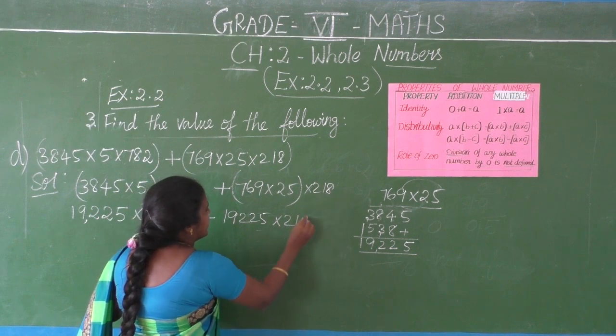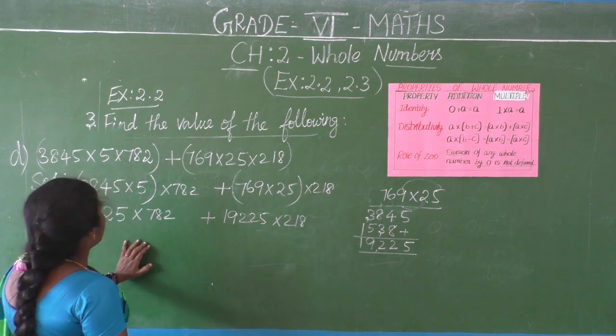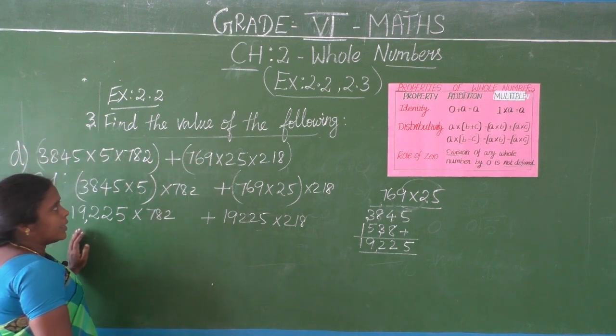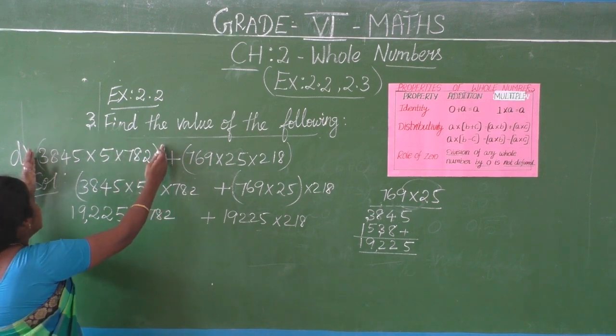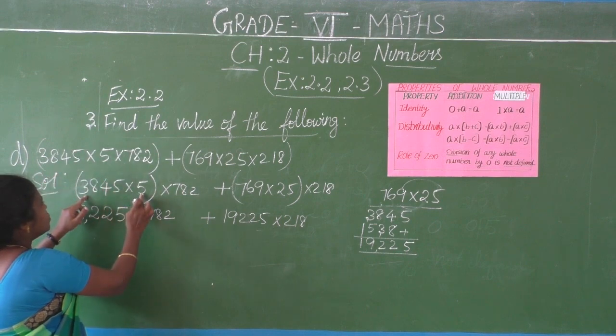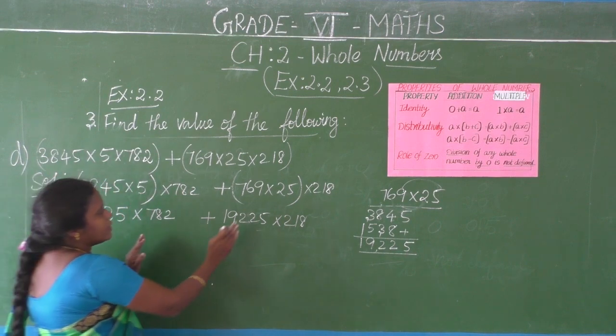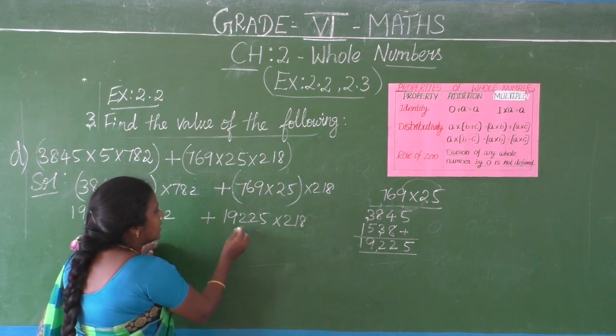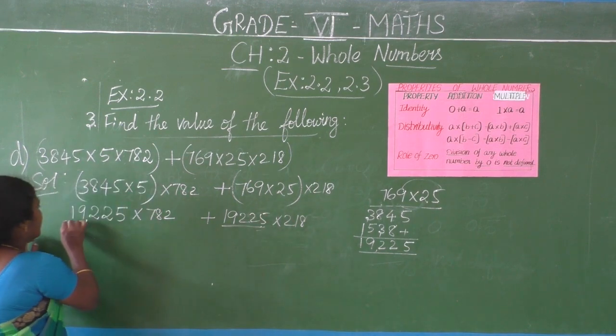into 218. See children, what I did here: when the 2 sets of multiplication are given in the question, I have multiplied the first 2 numbers in the first set, likewise the second 2 numbers in the second set. At that time my answer is coming equal.